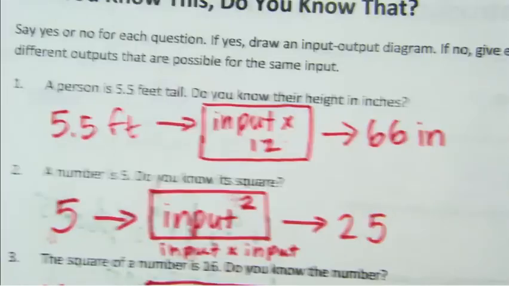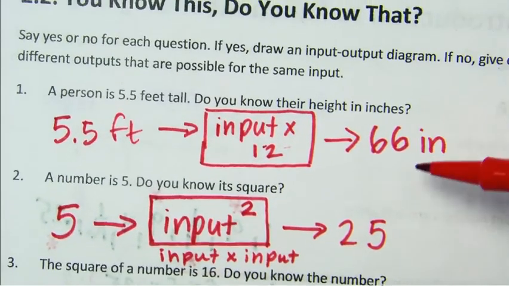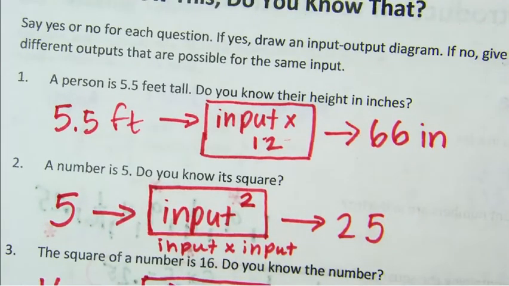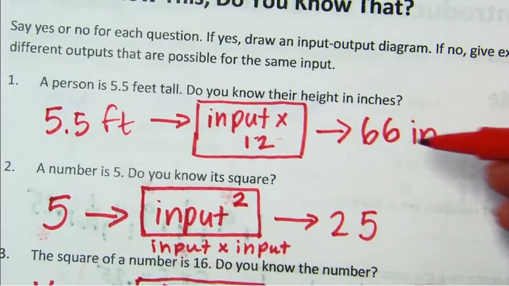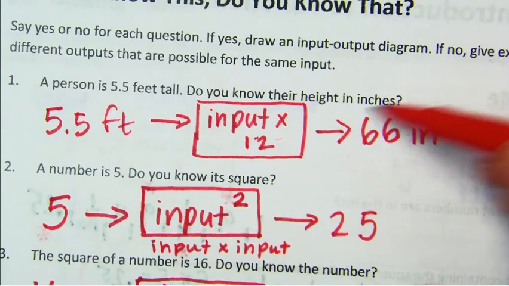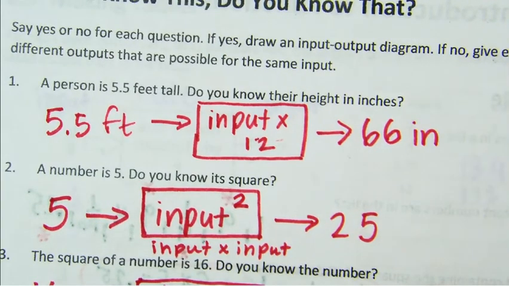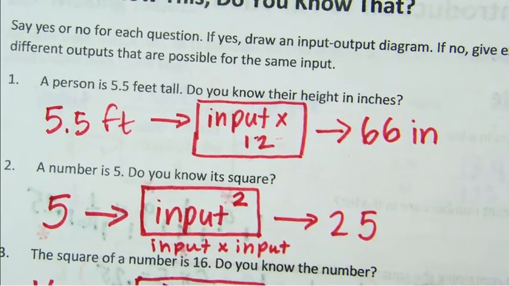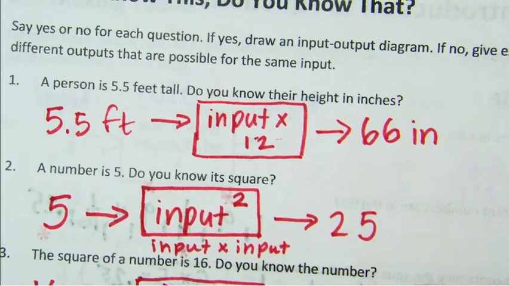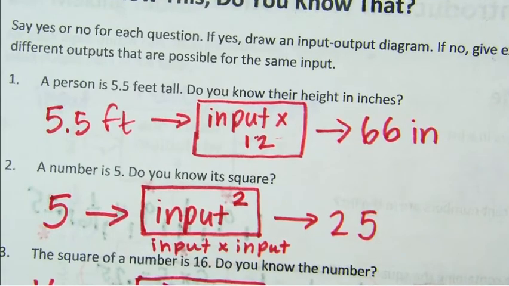So if you don't need to turn your paper over, but if I look at number 1, and we try to think of this in terms of like what depends on what, or our answer. My answer is 66 inches. So if I came to you and I was like, all right, so there's a math problem and the answer is 66. What did I start with? I could have started with a million different things, right? So if I say the answer is 66, what did you start with?